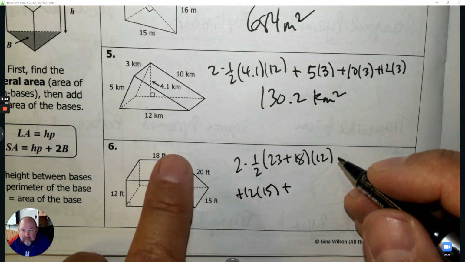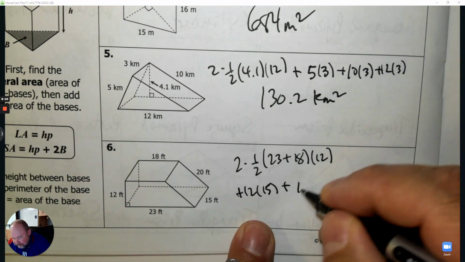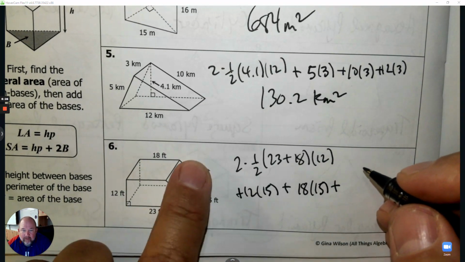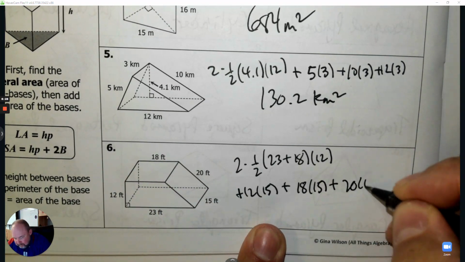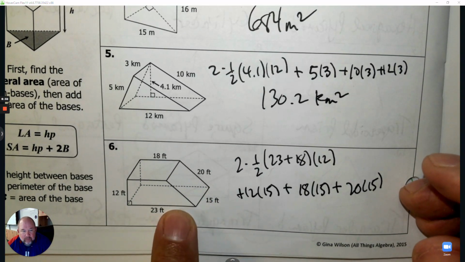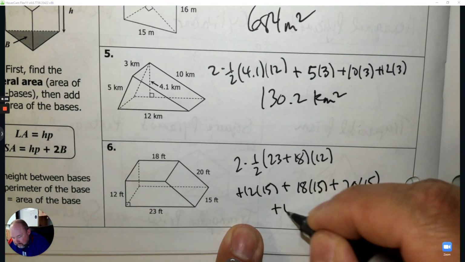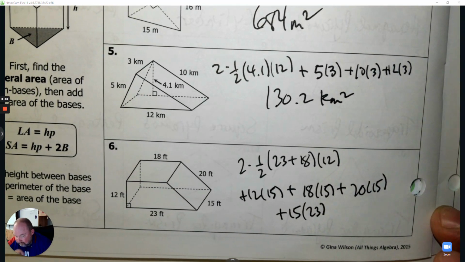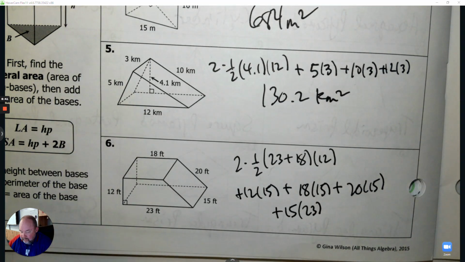The top rectangle is 18 by 15. This side one is 20 by 15. And then the one on the bottom is 15 by 23. Again, notice 15 is a part of all of those. All right, let me put that in the calculator.